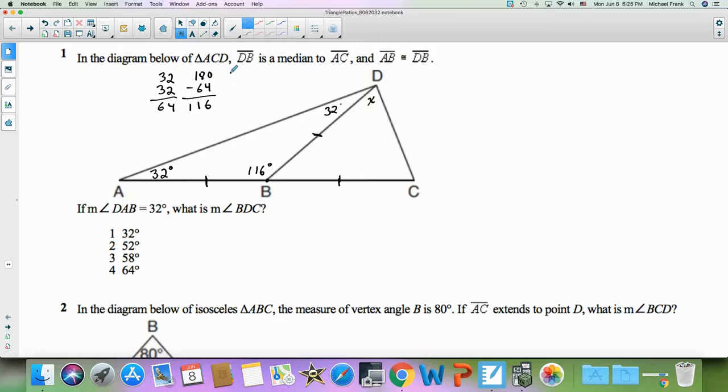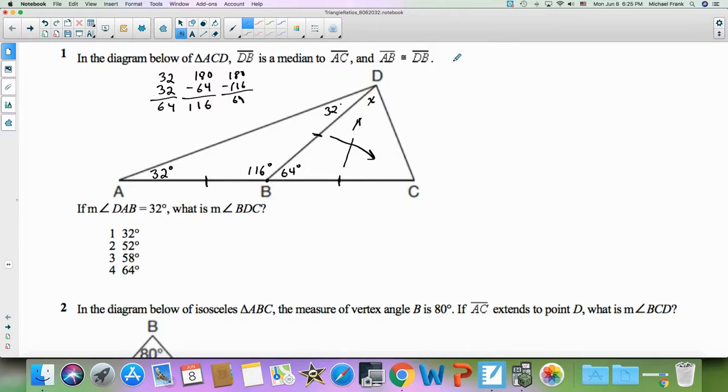Now, two angles on a line also add up to 180. So if I just do 180 minus 116, we go back to the 64, which means this right here is also 64 degrees. And this is also an isosceles triangle, which means that this side and this side are equal.